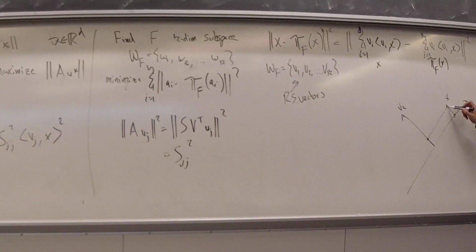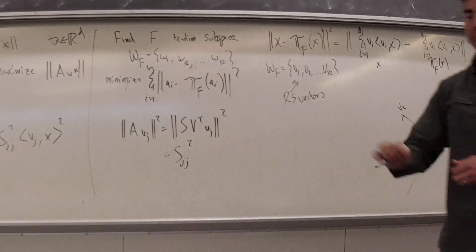Okay, if I want to know the norm of x, by the Pythagorean theorem, the squared length of the norm of x is the sum of this squared distance and this squared distance. But that's going to be true under any basis I have.